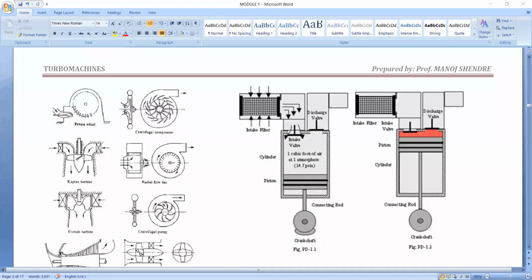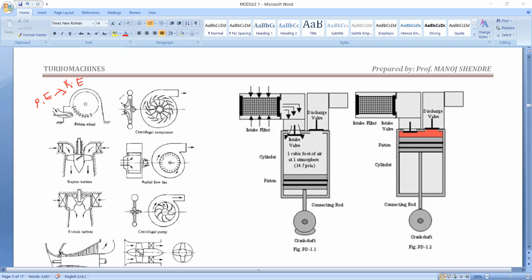Now here at the nozzle, the pressure energy or the potential energy of the fluid is completely converted into kinetic energy. I repeat it once again.